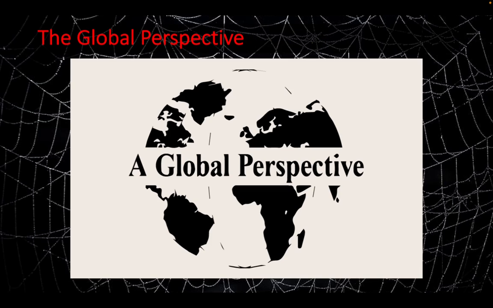So, the first thing we need to make sure that we understand when we begin to construct arguments is that any argument in world history is focused on what is known as the global perspective. The global perspective essentially is where we look at the big picture, the globe, and we see the common processes that are used across the globe.